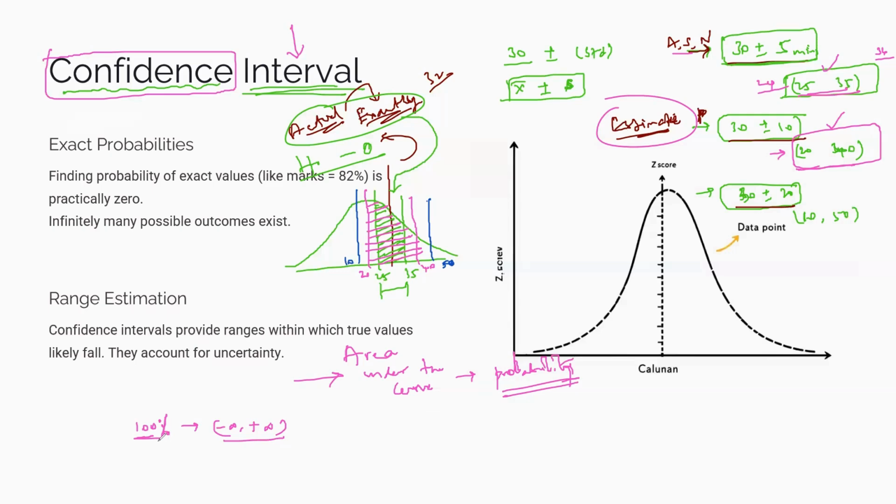So we have to draw a line. We have to balance this interval in such a way that your confidence is high, and at the same time, it is close to the exact value. The exact value is a single value. You have to try and represent this range as close as possible to that actual value. So there is a fine line. You have to do the trade-off and balance the range in such a way that you should not be obvious by giving a very, very large range.